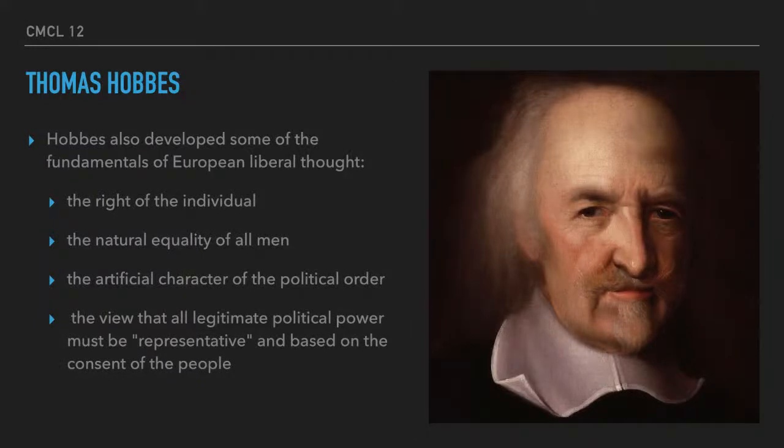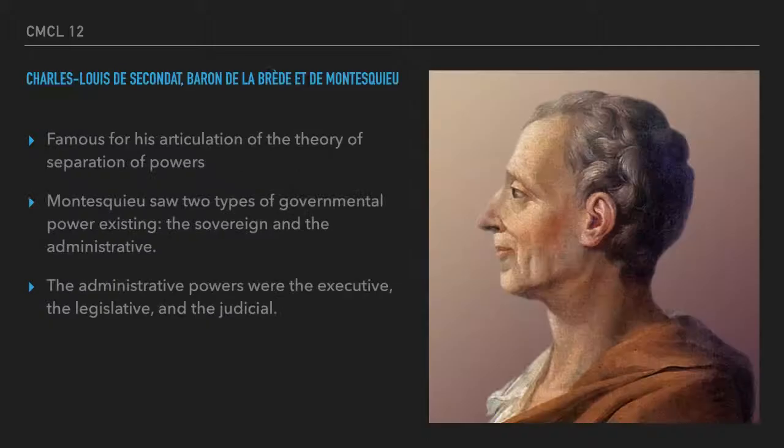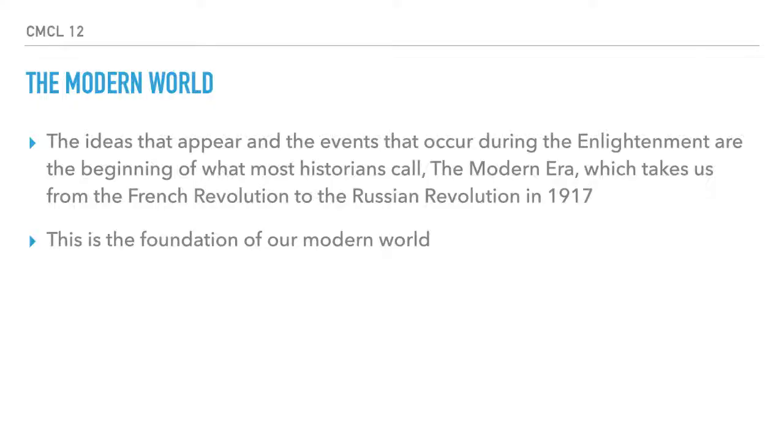And so Enlightenment thinkers like this guy here, Thomas Hobbes, and this guy here, who I'm just going to call Montesquieu because he has the longest name ever. These guys lay the foundations for the political and the rational world that we currently live in, based on what comes to us from Rome and from Greece before it.